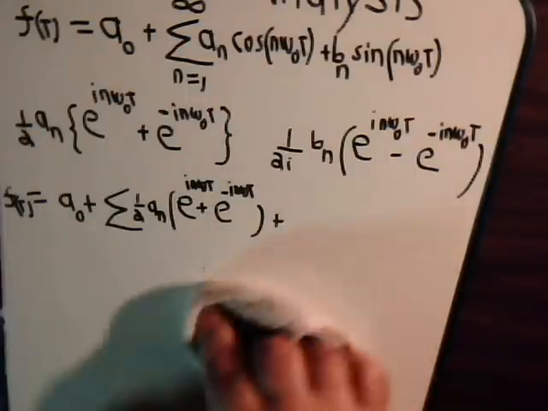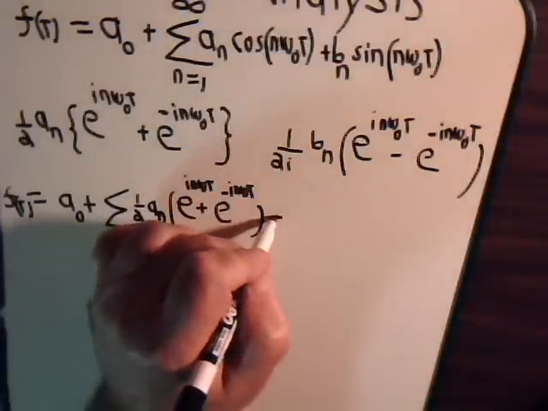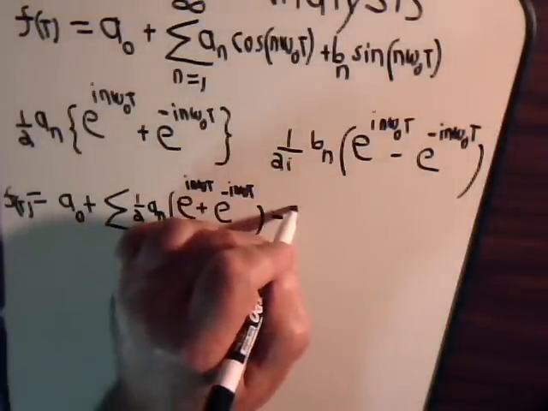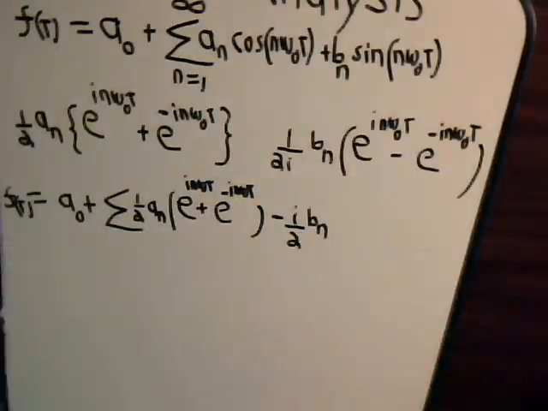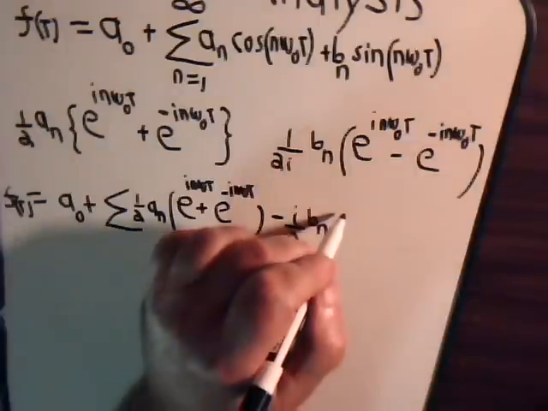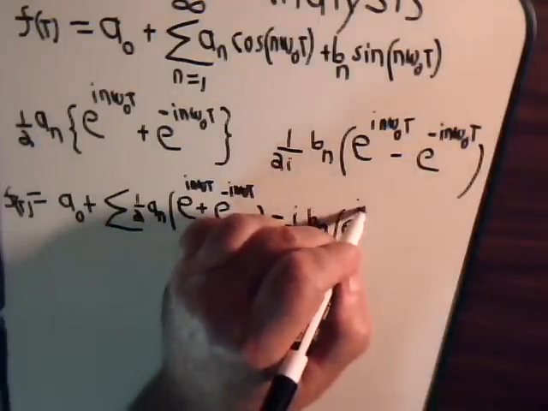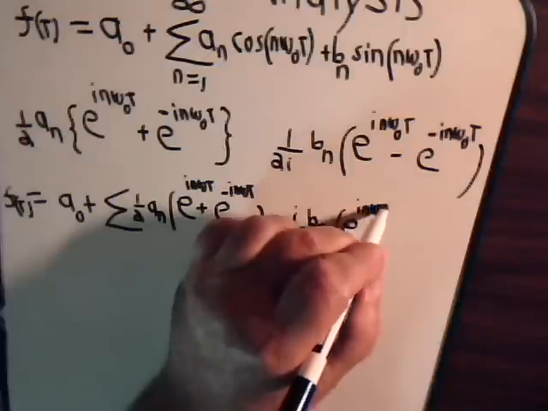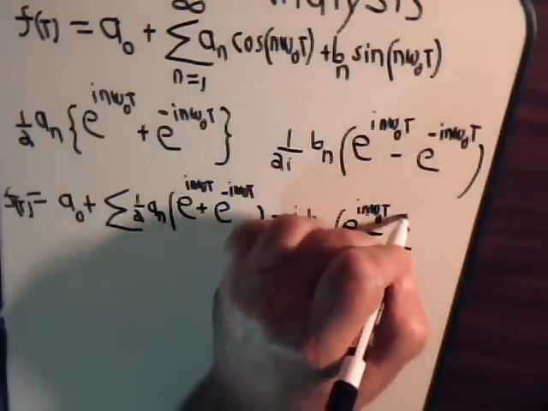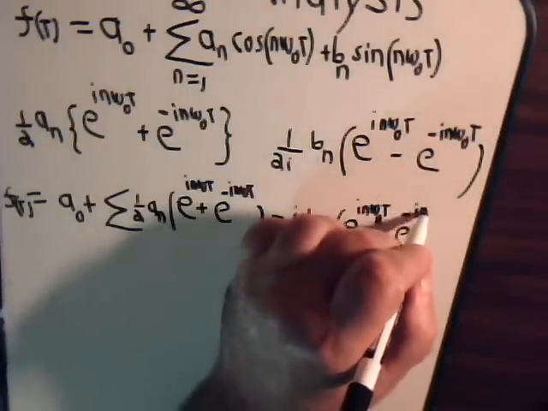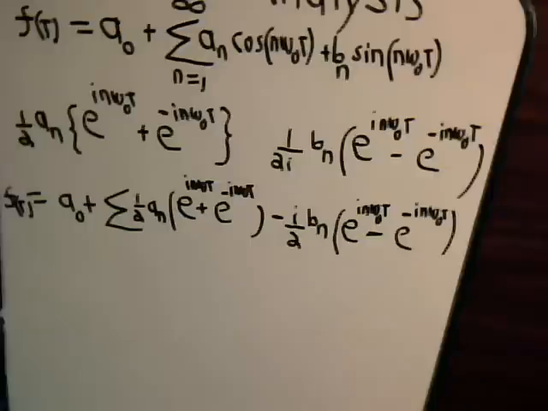So this would be minus I over 2 b sub n times e to the I n omega t minus e to the minus I n omega t.